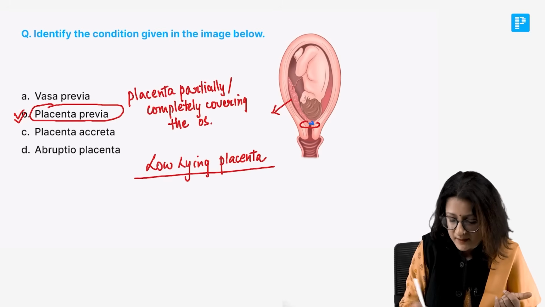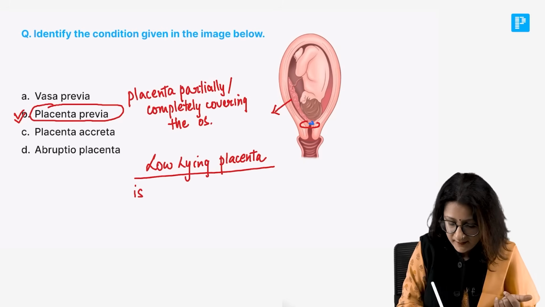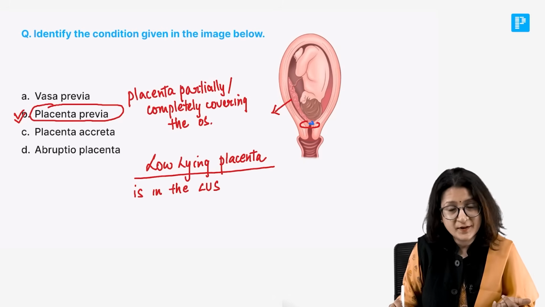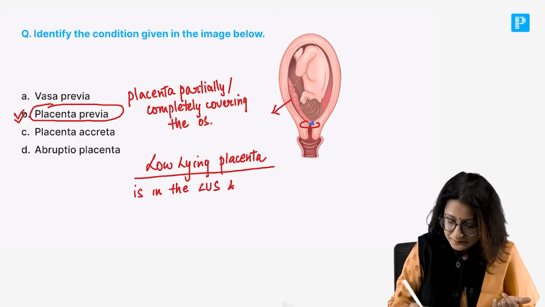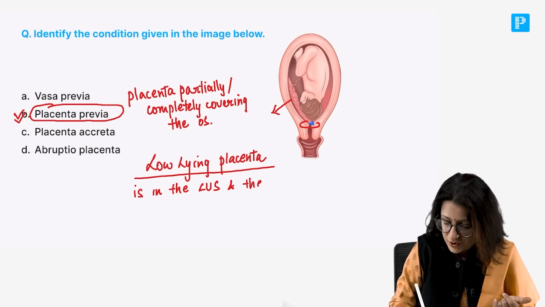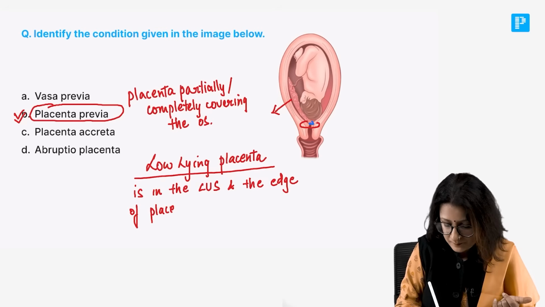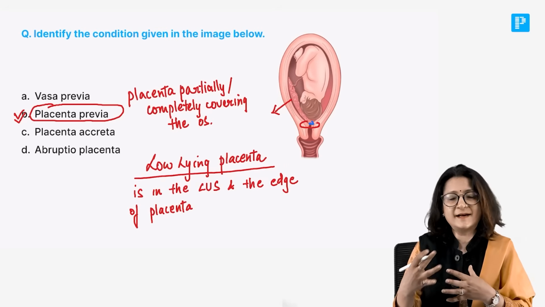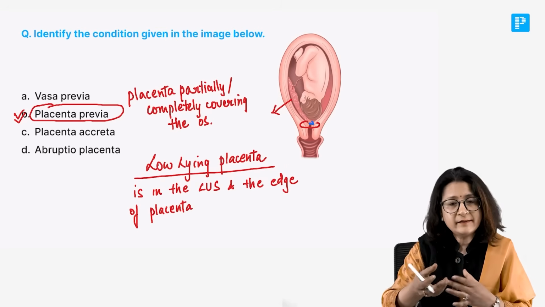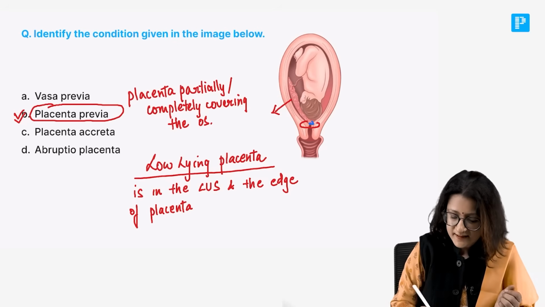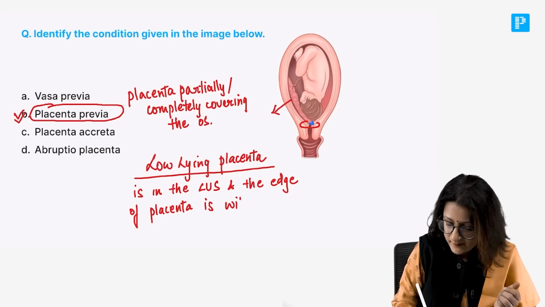Low-lying placenta means that the placenta is in the lower uterine segment, and the edge of the placenta could be anterior, posterior, lateral, anywhere. So the edge of the placenta is within 2 centimeters of the internal os, that is low-lying placenta. Very, very important.